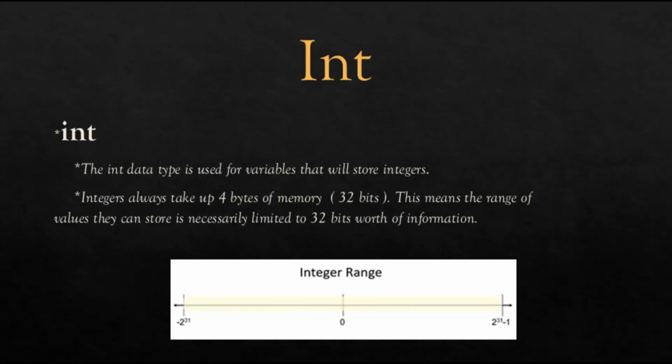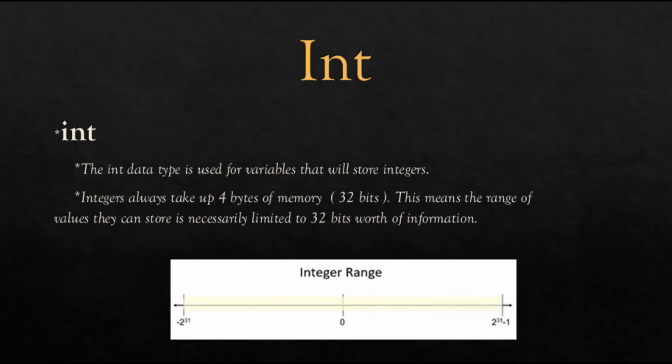So basically half of the possible values you can fit in an int are negative and half are positive. And roughly, this is about -2 billion to about positive 2 billion, give or take a couple hundred million. So that's what you can fit in an integer variable.